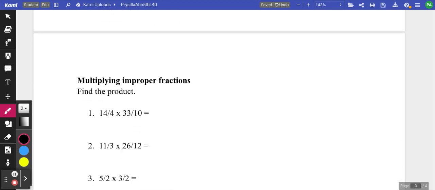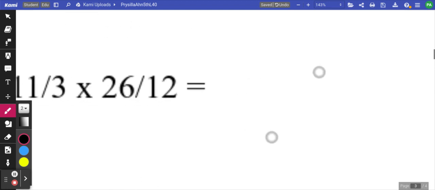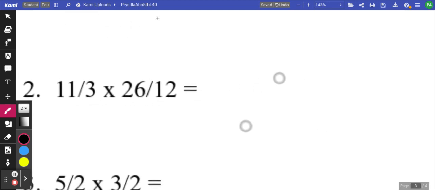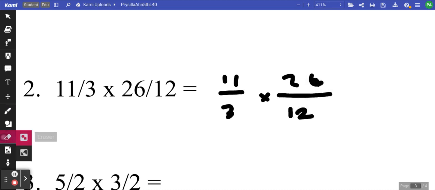Moving on. Now we'll be multiplying improper fractions and turning them into mixed numbers, or mixed fractions, sorry. So let's do number 2, for example. So multiplying fractions is one of the easiest steps. The harder part might be turning it into a mixed fraction.